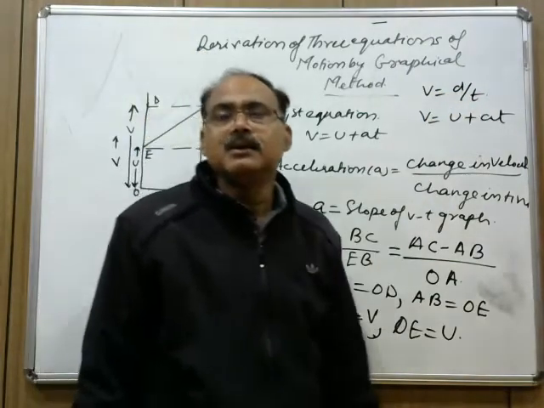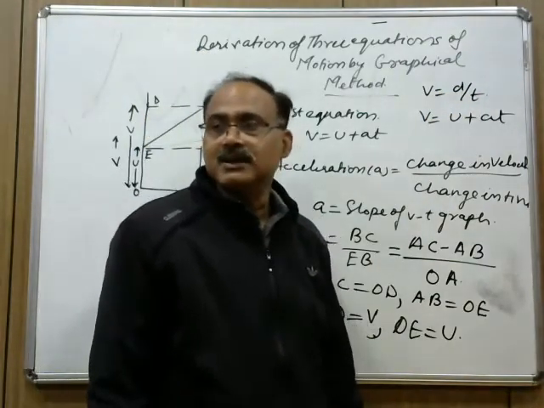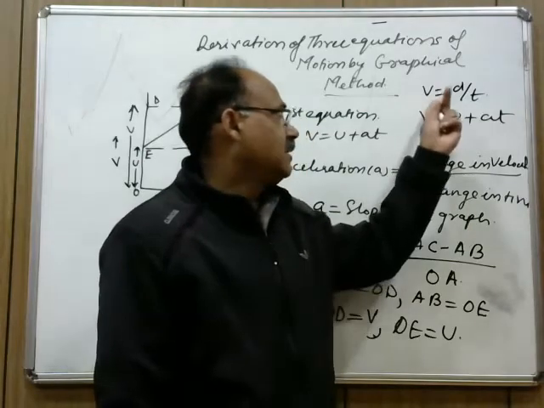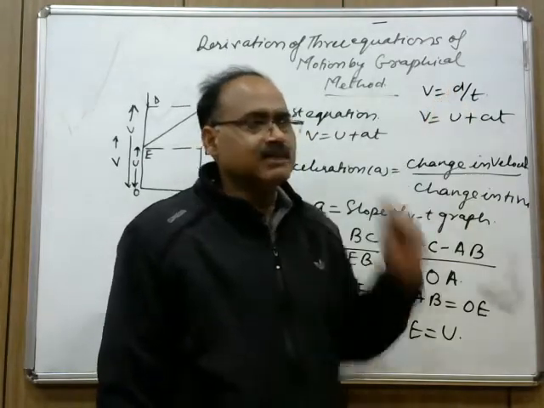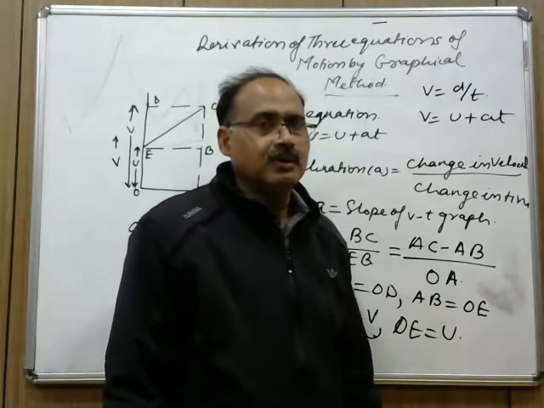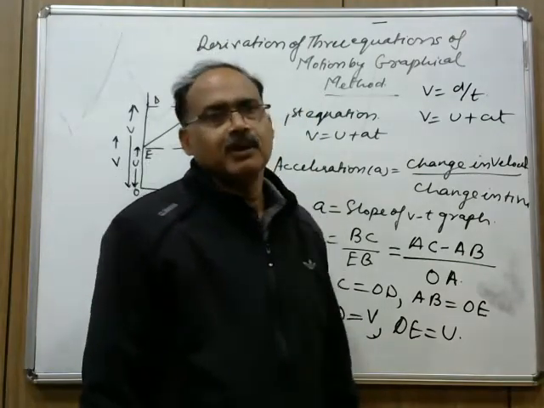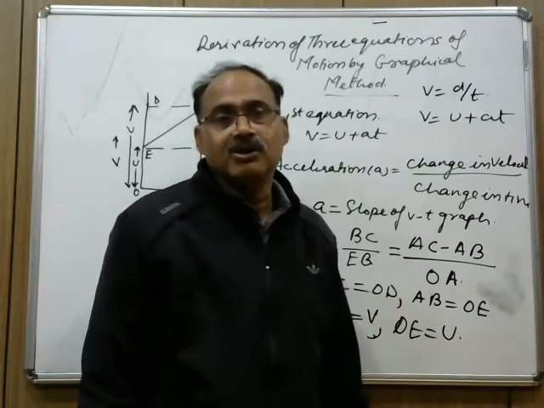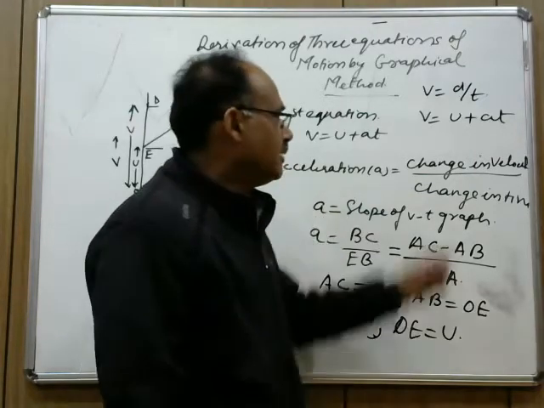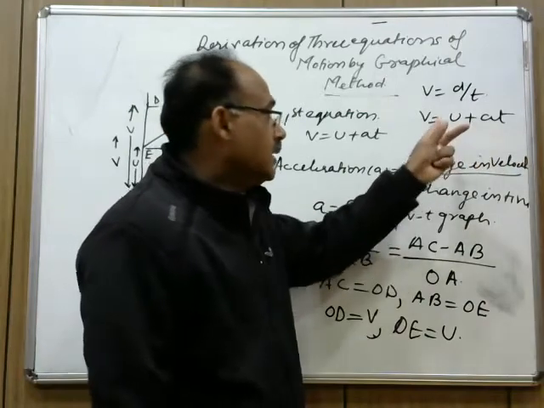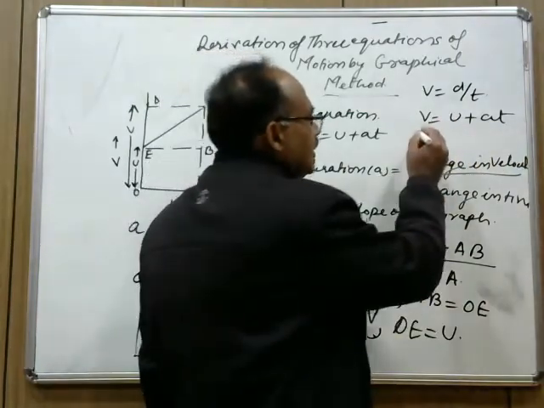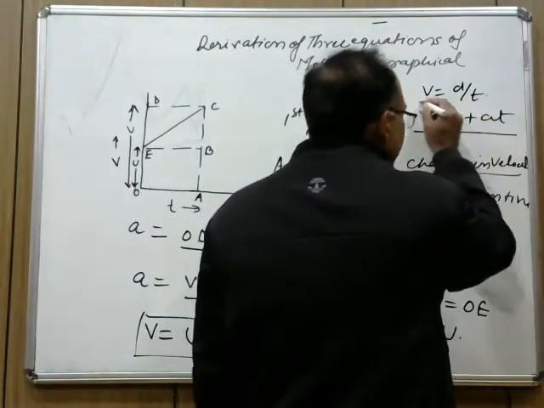If the motion is in one single straight line, then speed is equal to distance upon time. But if the motion is in a straight line and the velocity of the body is not constant and it is moving with acceleration a, then we will use this equation instead of that equation.